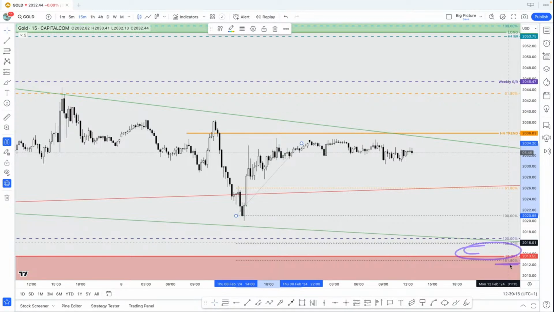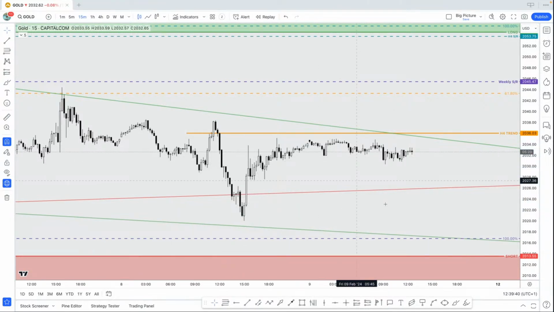The 161.8 is the target level for me, not the 138.2, but only from here. Okay, so this is for going short in this area, and I repeat, this is the neutral zone on the higher time frame, so it's not the best opportunity to trade. Okay, thanks for asking, by the way.